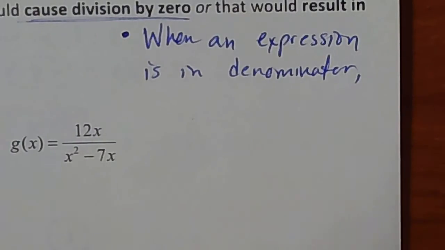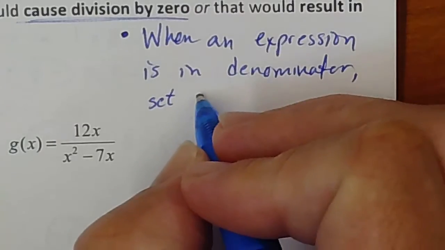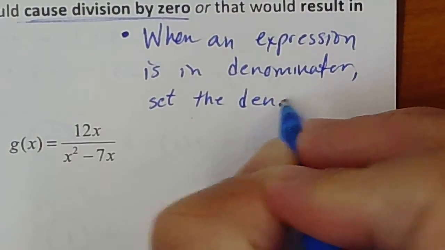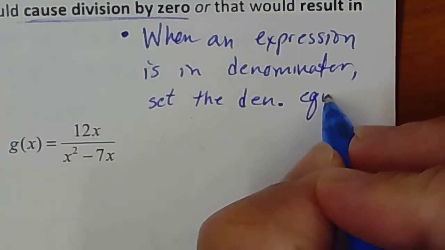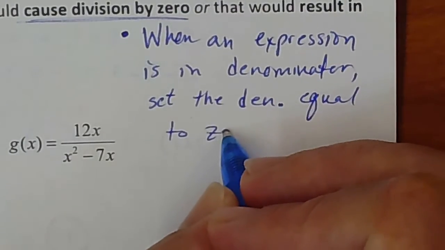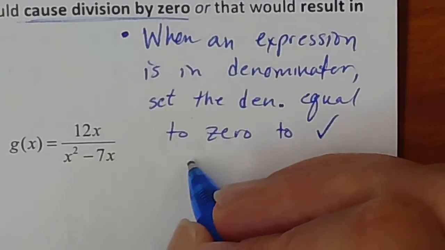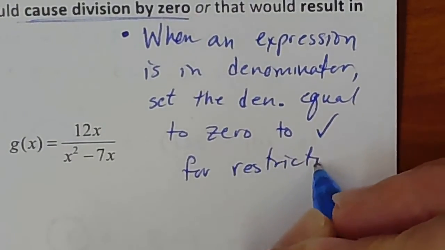When an expression is in the denominator, set the denominator, I'm going to abbreviate it this time, set the denominator equal to 0 to check for restrictions.